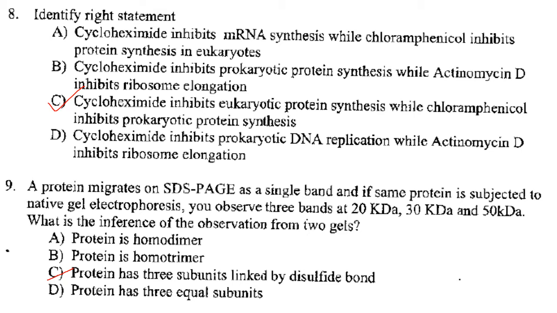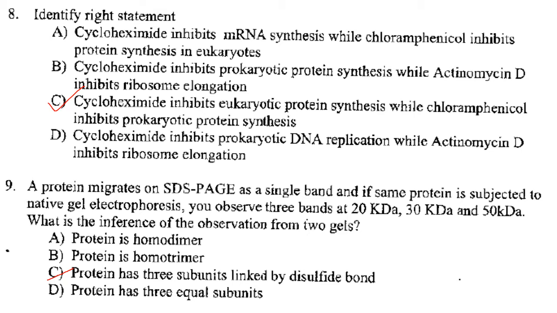Because my doubt was that in native gel I don't think they add anything that breaks the disulfide bonds, that you get 3 bands. But in SDS page they add a reducing agent, which breaks the disulfide bonds, and you get 3 different bands. So the question, I think it should have been native gel of single band and SDS page with 3 bands.